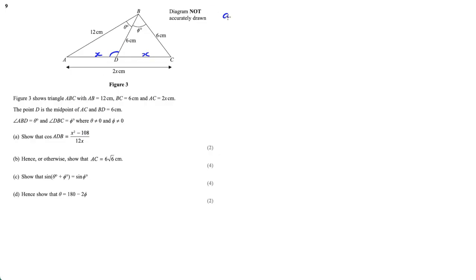this. Okay, this is definitely, guys, a cosine rule. So I'm going to say cos ADB is equal to, cosine rule, guys, is this squared plus this squared minus this squared. So it's x squared plus 6 squared minus 12 squared all over 2 times 6 times x.